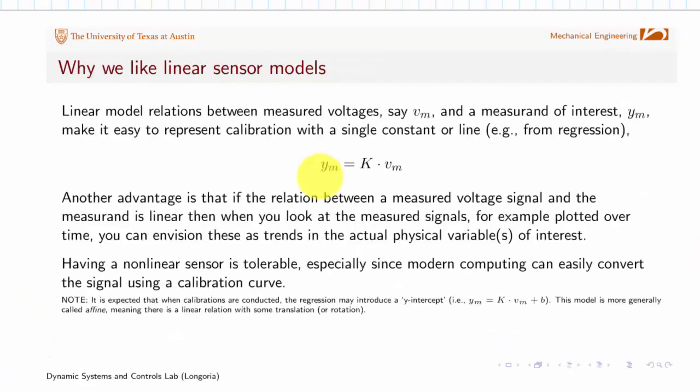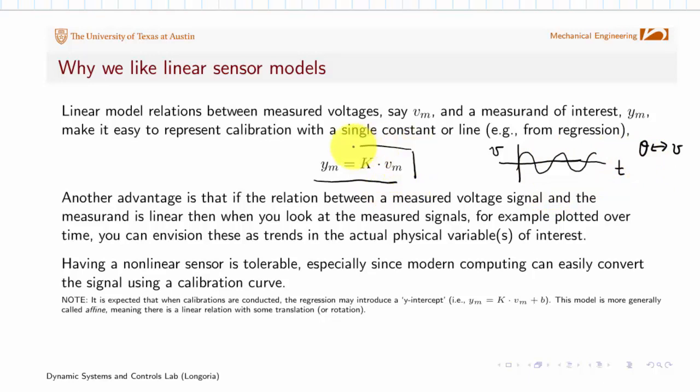Now, a note about why we like to build linear sensors: if I look at a voltage signal coming out of the MIDAC and being plotted in LabVIEW, showing the voltage out over time, and you have a linear relationship between the position and the voltage out of that potentiometer, then when you look at signals like this, you can assume that trend is following the actual relationship.